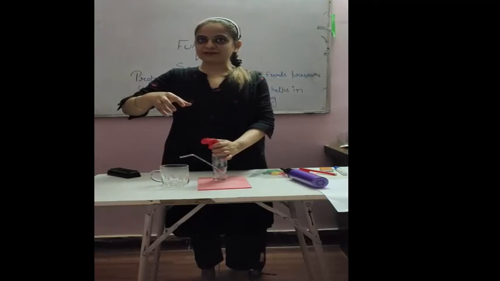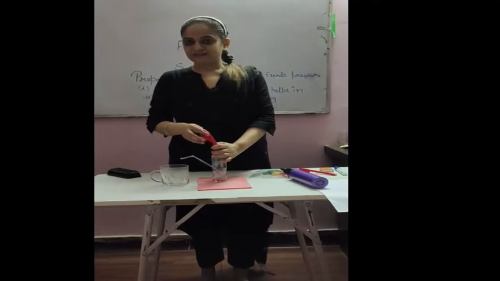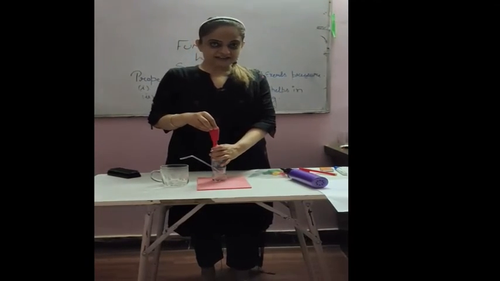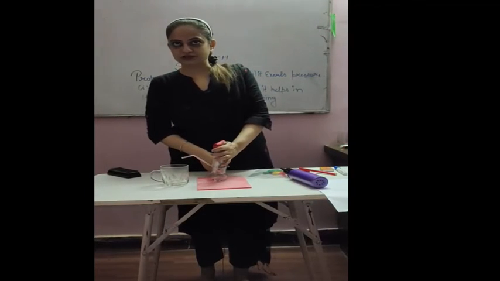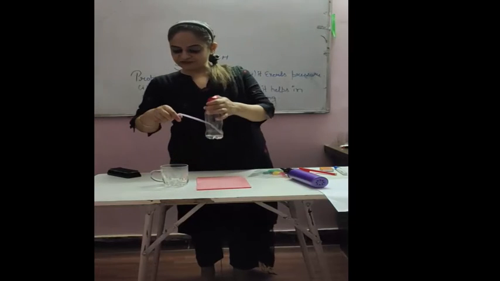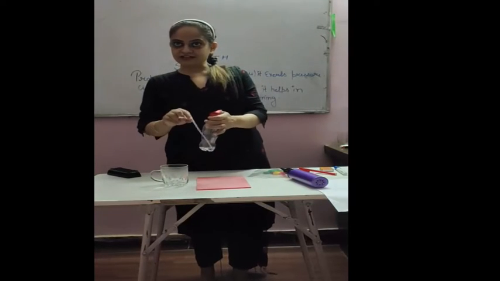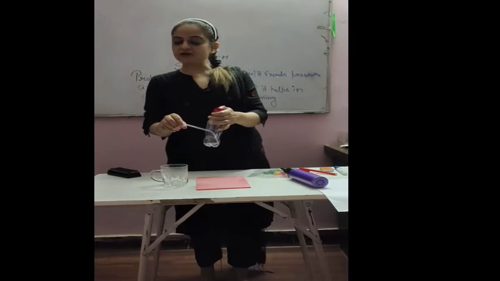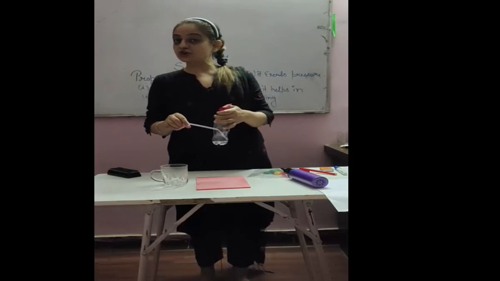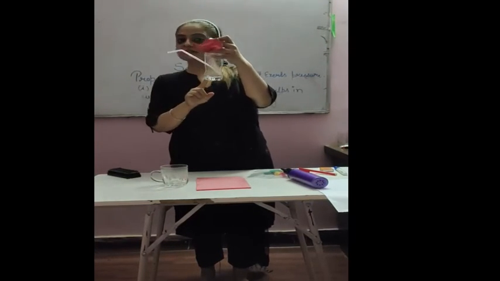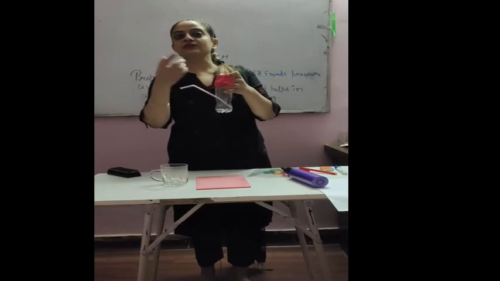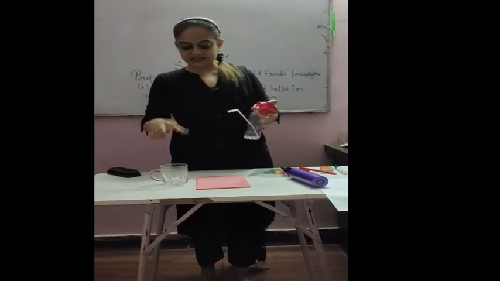So, the air inside this balloon exerted pressure on the water, and the water from this bottle came out, and the straw just acted like a pump. This shows that air has the ability to exert pressure on whatever thing is present in its surroundings.